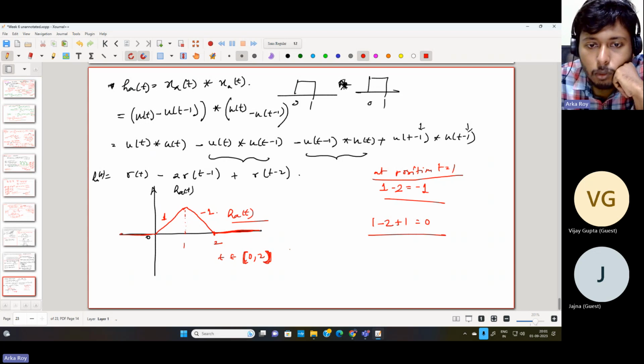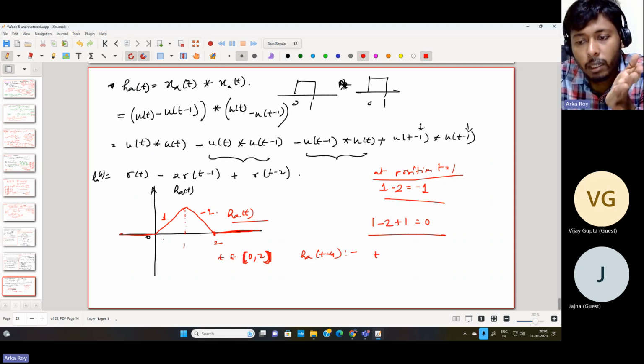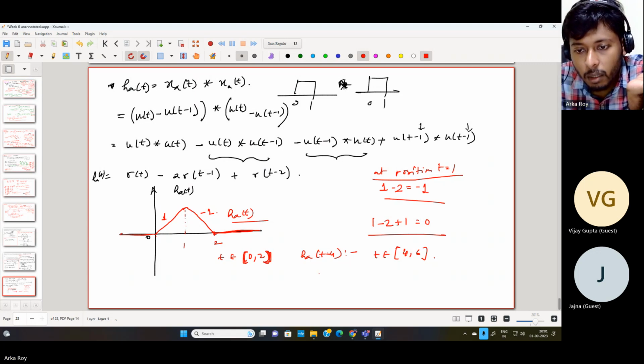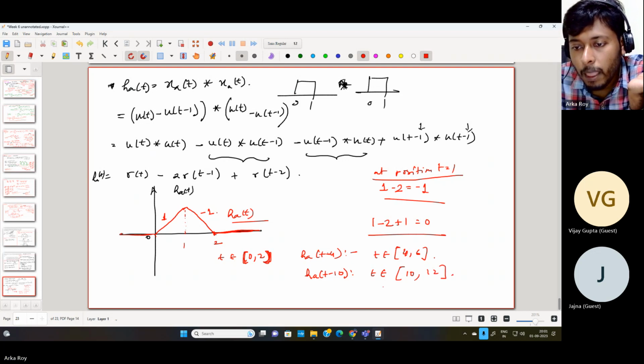Now we need to comment about the range of ha(t minus 4). As it is delayed by an amount of 4, the t range will go to 4 to 6. This will go to 4 and this will go to 6. Similarly, ha(t minus 10) will take the 0th location to the 10th position and the second location to the 12th position.